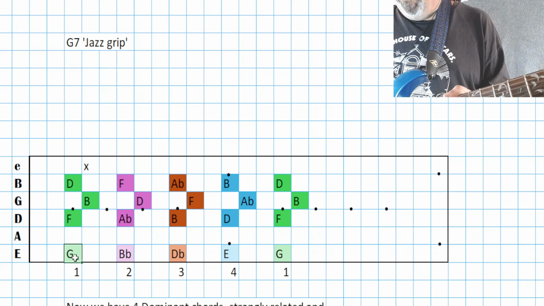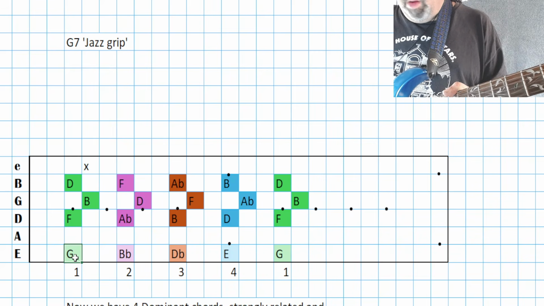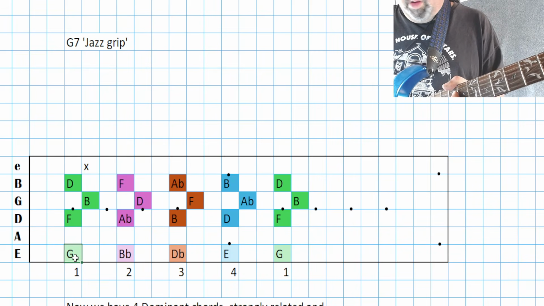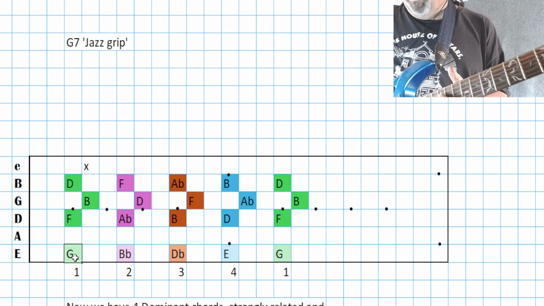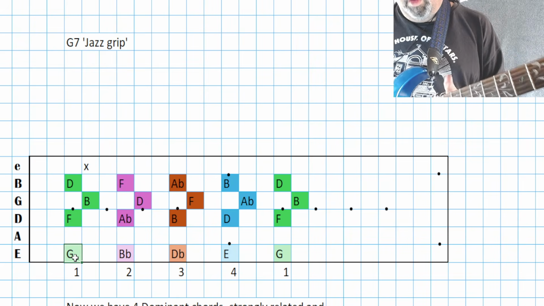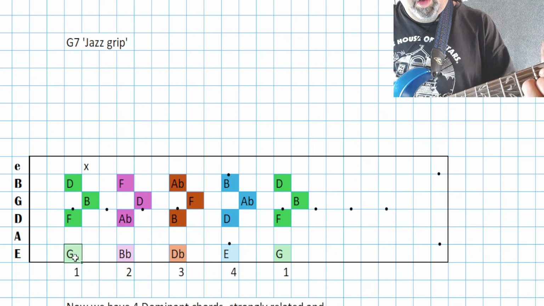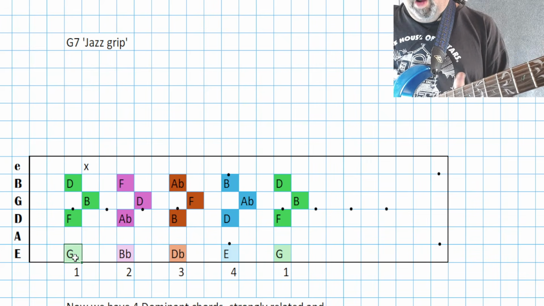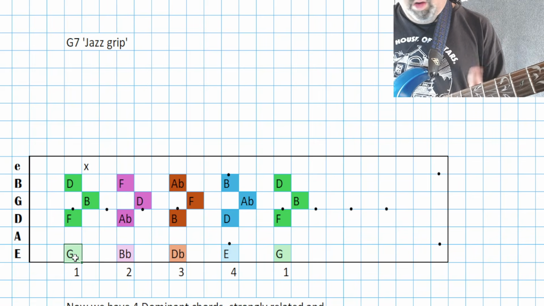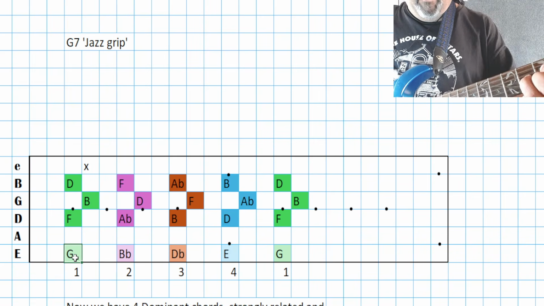D flat, same 3 notes, and then an E root. E tonal gravity, same 3 notes. That's why they'll all work. Same chord.